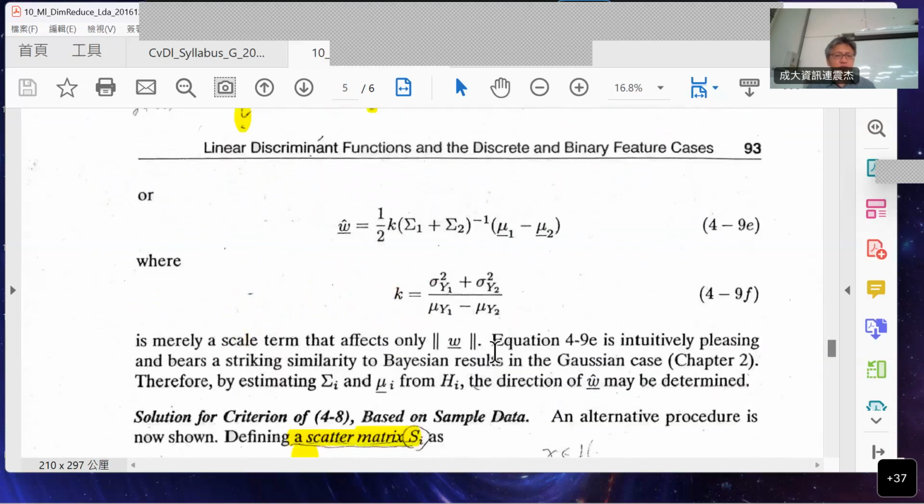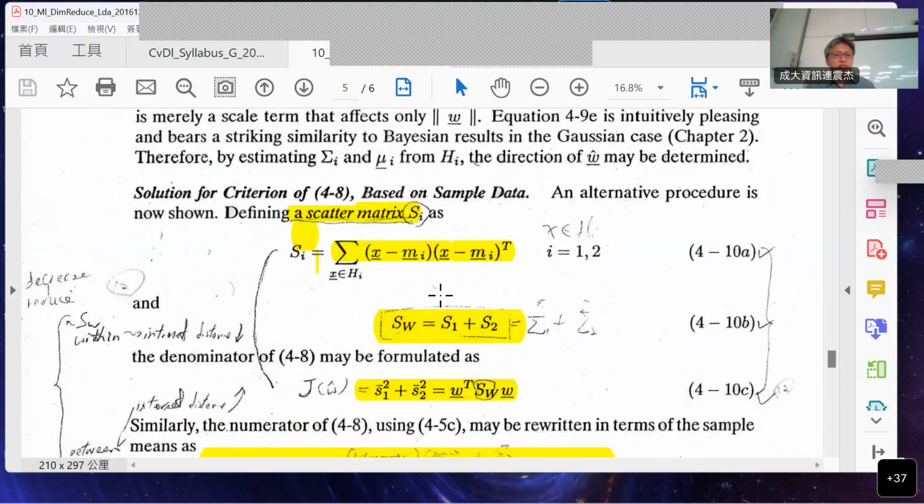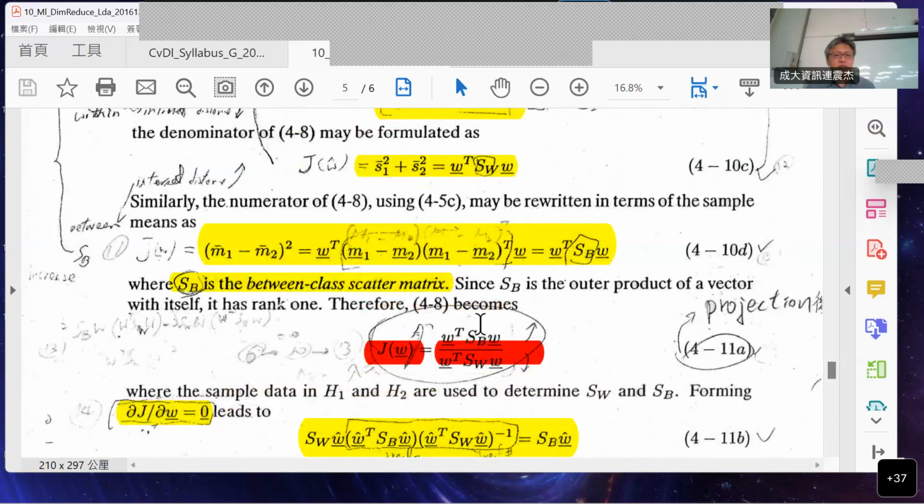So we continue. We define this as SW. W what? The within. This is between two centers. Within is what? Within is meaning first standard deviation and second standard deviation.